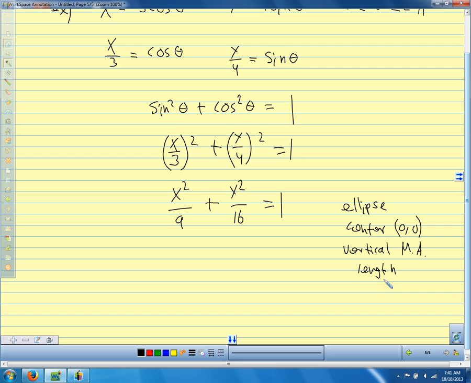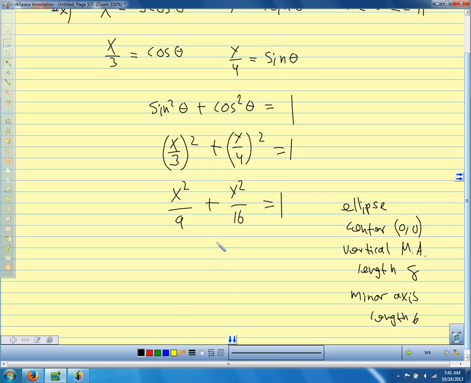One more time. 8. 4 is half the length, so the major axis is twice that. Length is 8. And the minor axis length is 6.